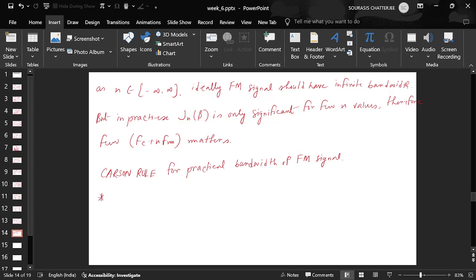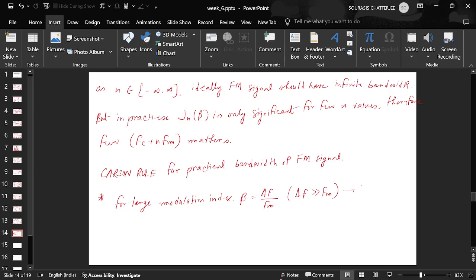Let's consider two cases. For a large modulation index, that is, beta equal to delta f by fm, right? Large modulation index means the maximum frequency deviation is much greater than the maximum frequency component of the message signal.